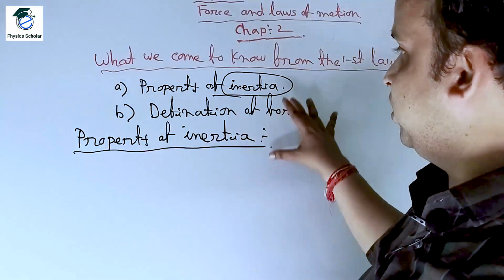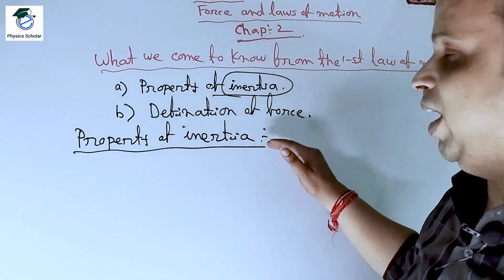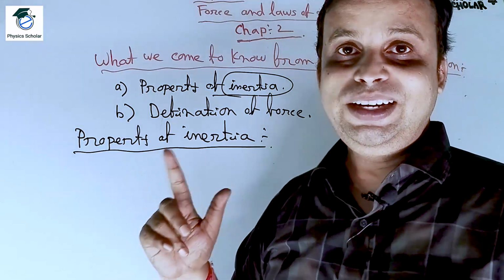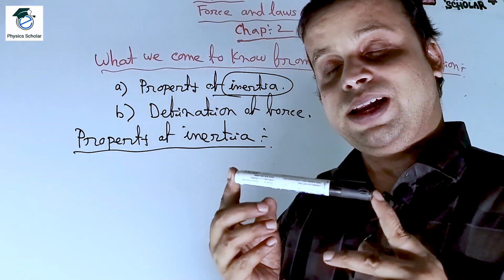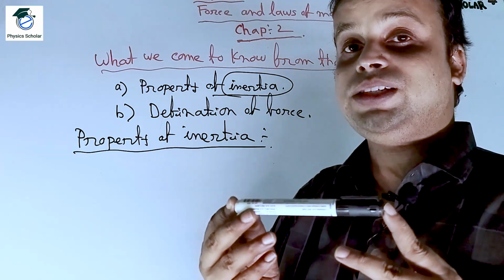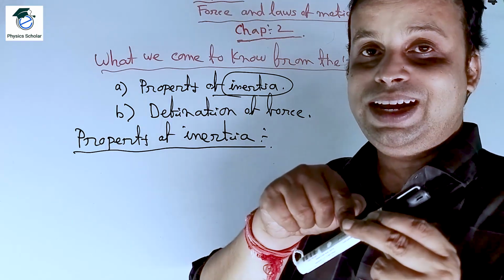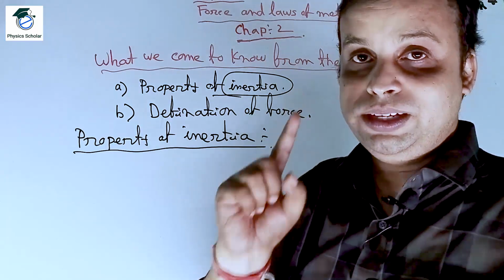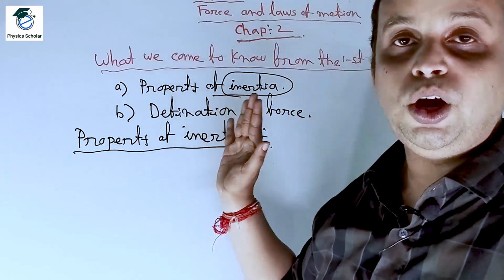That is the first law. Now the property due to which the body at rest will be at rest forever, or the body in motion will continue in its motion forever if no external unbalanced force is applied on it, is known as the property of inertia of that object.